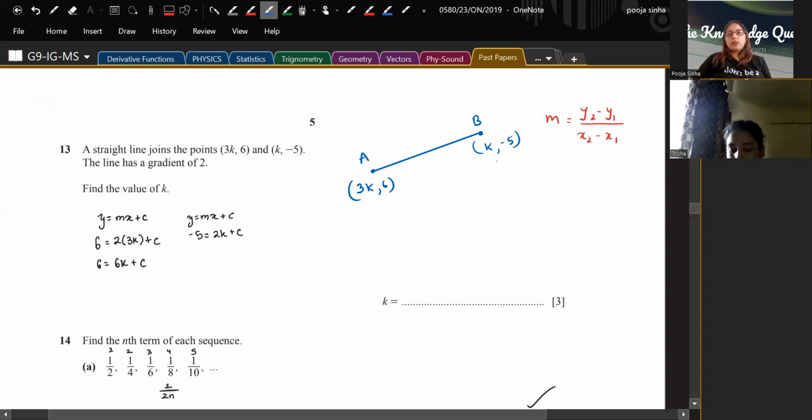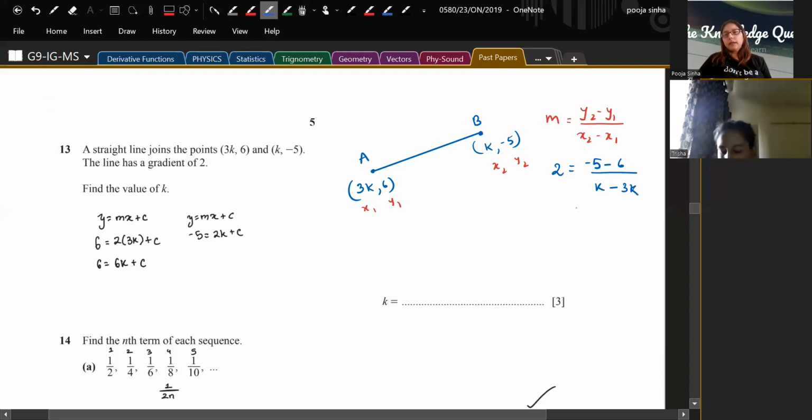So let's call these x1, y1, and this x2, y2, which means m is equal to y2 is minus 5 minus y1 is 6, upon x2 is k minus x1 is, how much is x1? 3k? Correct? Minus 3k, and the value for m is given to us. I'll write that as 2.